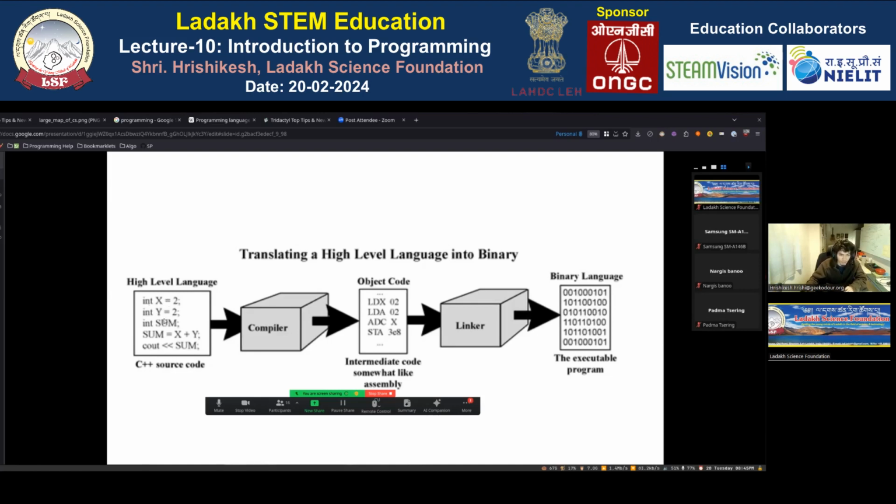In algebra, you do x equal to something, let y equal to something. It's very similar to that. Here we are doing int x and int y, and then something called sum, where we are doing x plus y. Then we are doing something called cout, and then sum. This looks very similar to math, right?